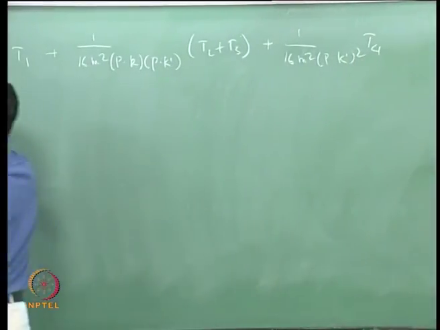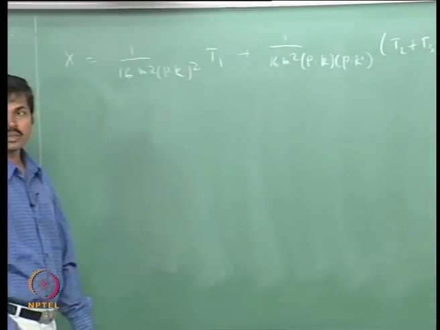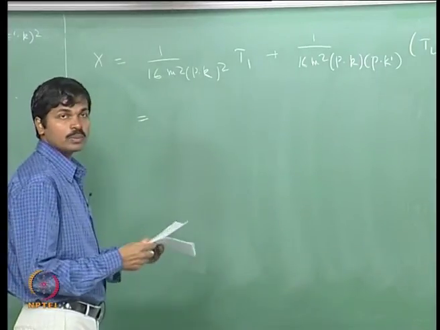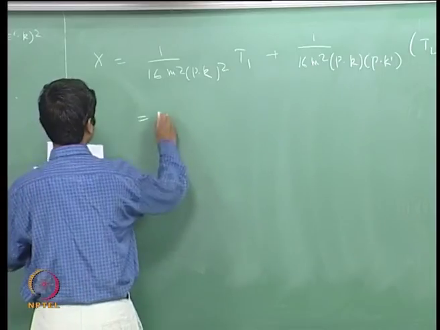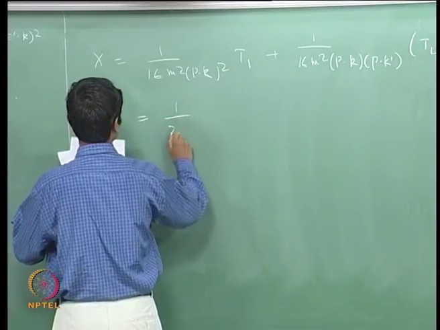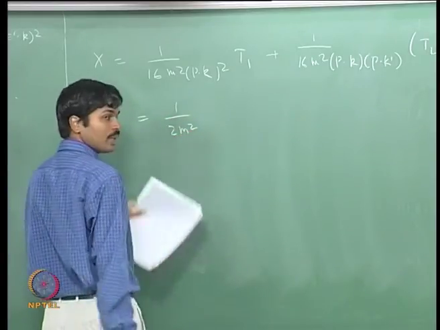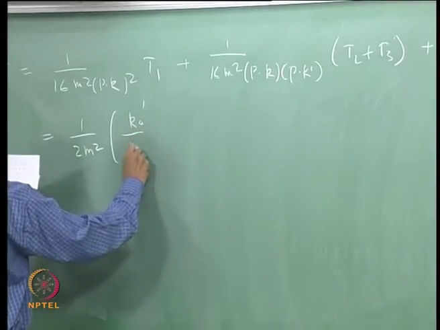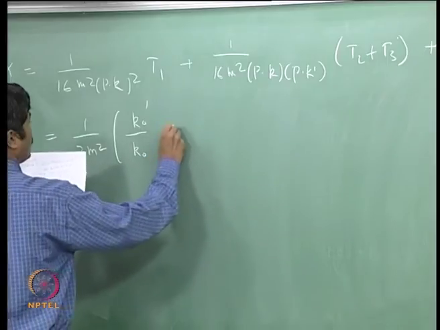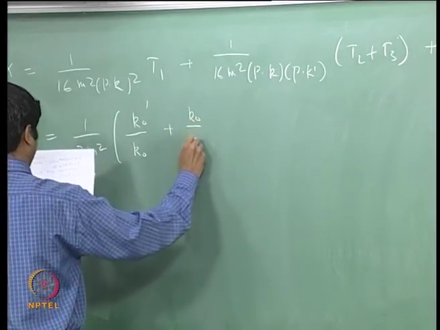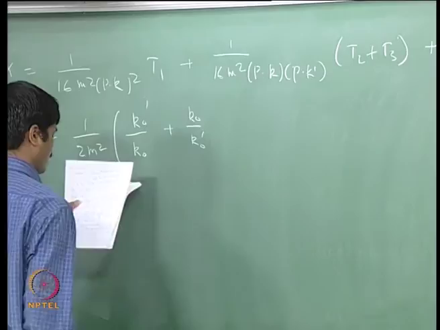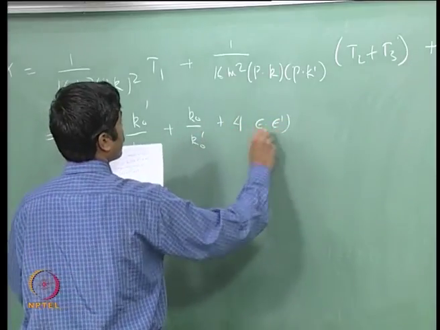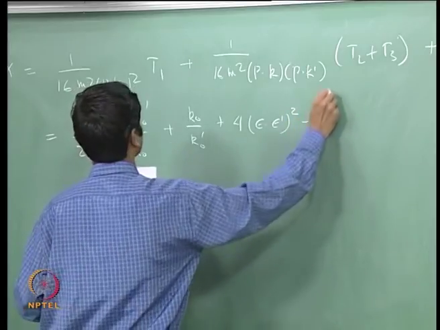Now, I will substitute for T1, T2, T3, T4, and then you will see that after a little bit of simplification, this quantity will reduce to this simple expression 1 over 2 m square, k 0 prime over k 0 plus k 0 over k 0 prime plus 4 epsilon dot epsilon prime square minus 2.